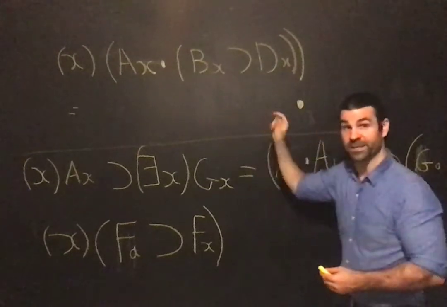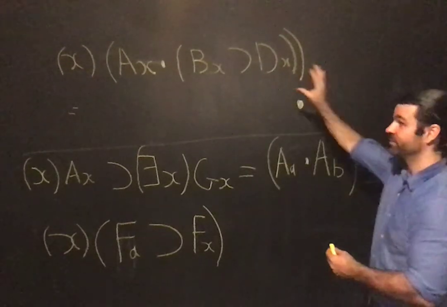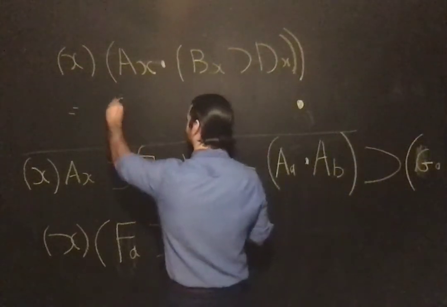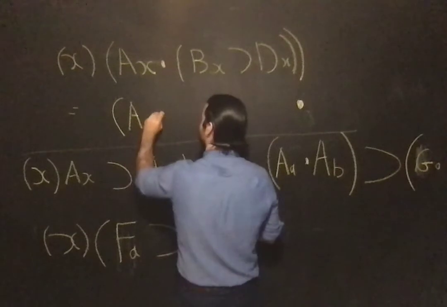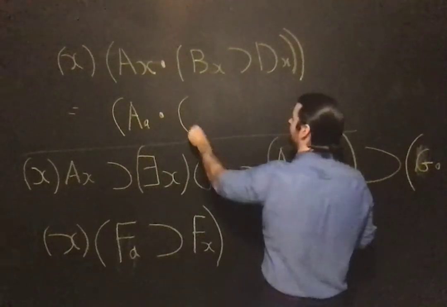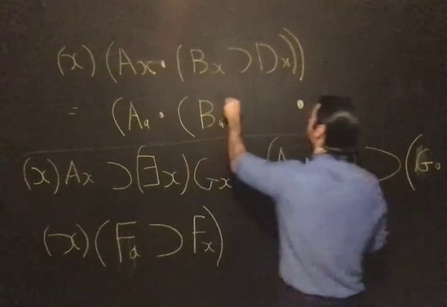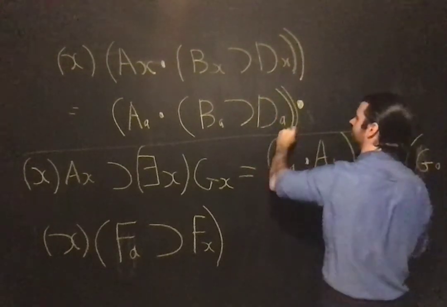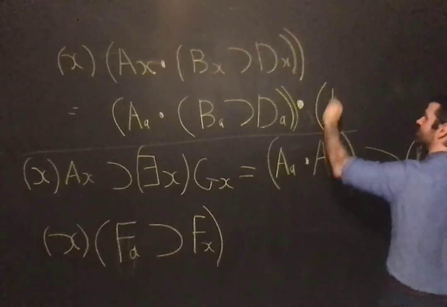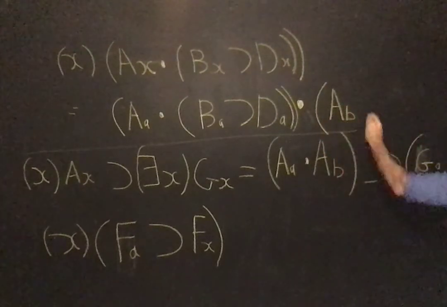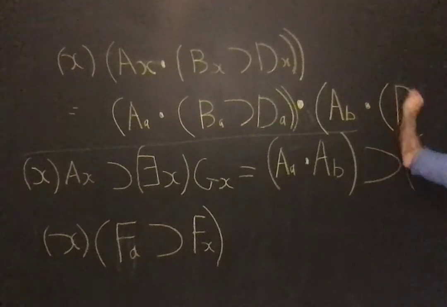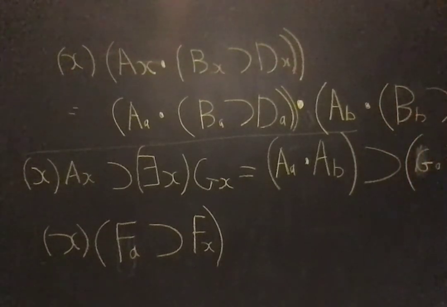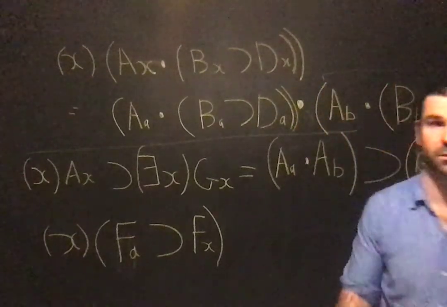That is true of the individual a, lowercase a, and also true of b, lowercase b. So it's just: Andrew is A and is such that if Andrew is B, then Andrew is D, and also Ab and, in brackets, Bb hook Db. And that's the overall form of the conjunction. You see all that?